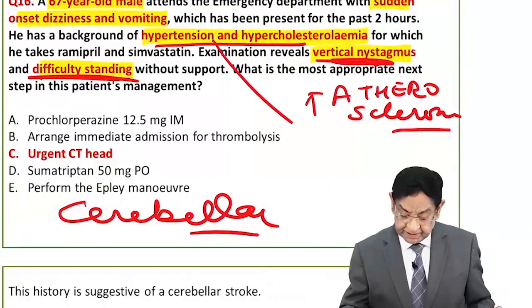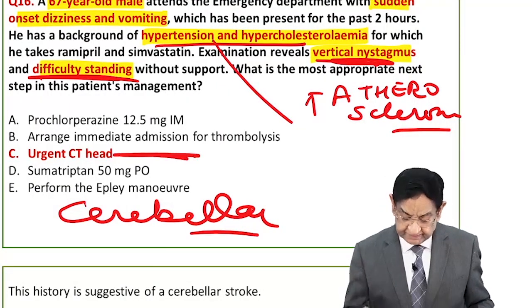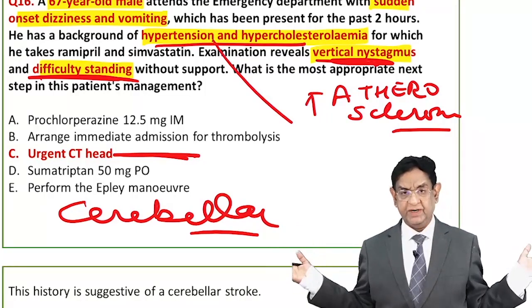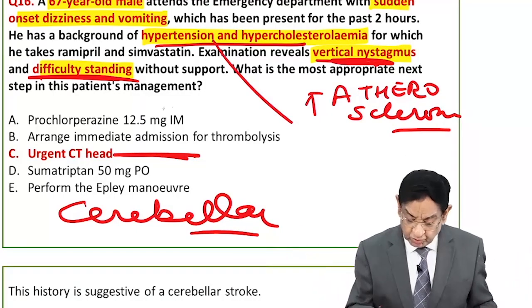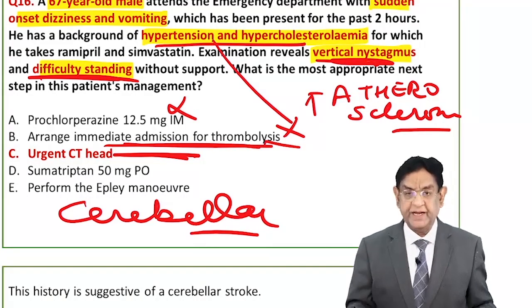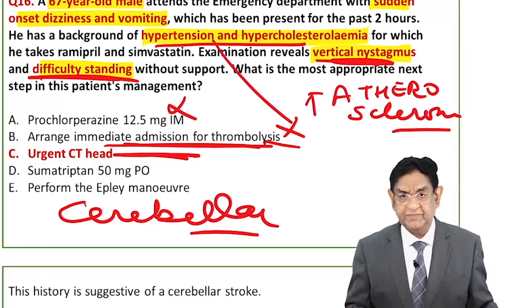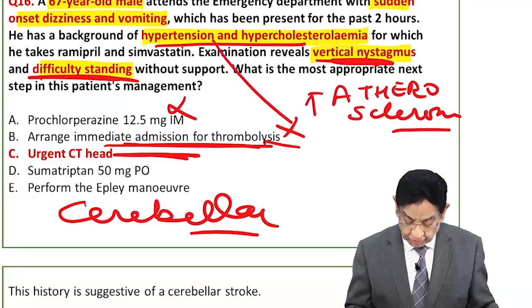So, the patient has come with stroke, we'll go for CT scan immediately. Straightforward. There's no need to use any other thing. And thrombolysis, no way. You first confirm that we are dealing with stroke.